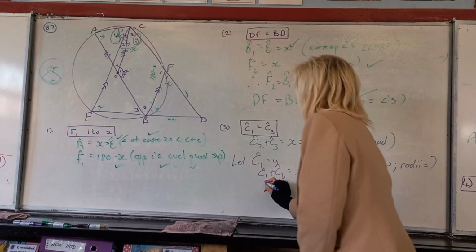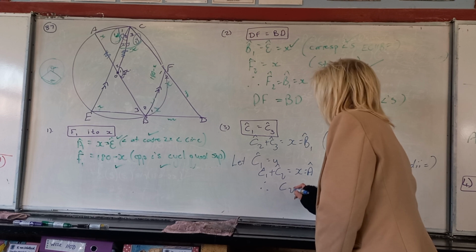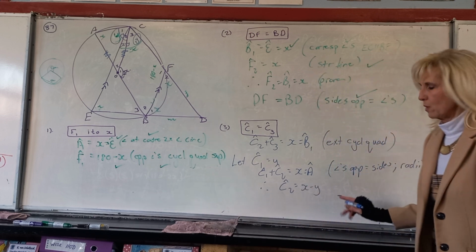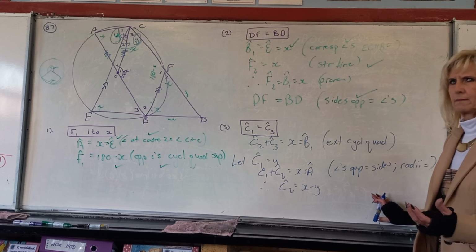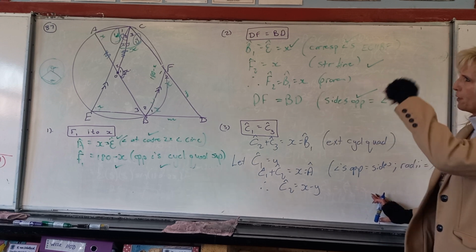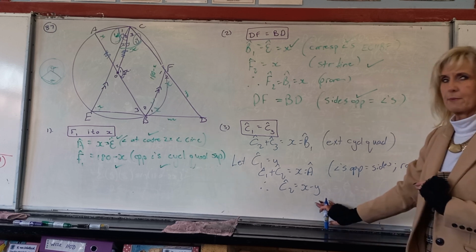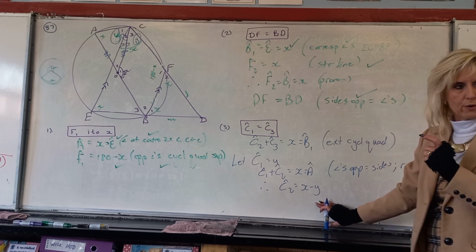And that says, therefore, that C2 is equal to x minus y. What's my reason? Logic. If the whole thing is x, the small piece is y, then what's left is x minus y. Make sure it's not the other way around.